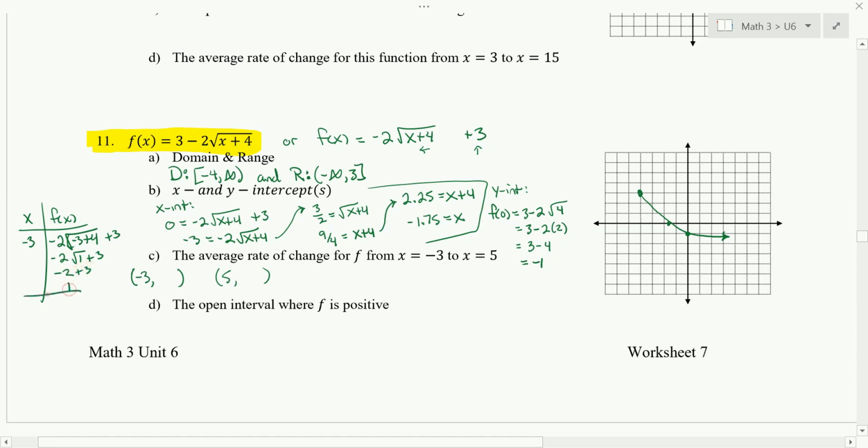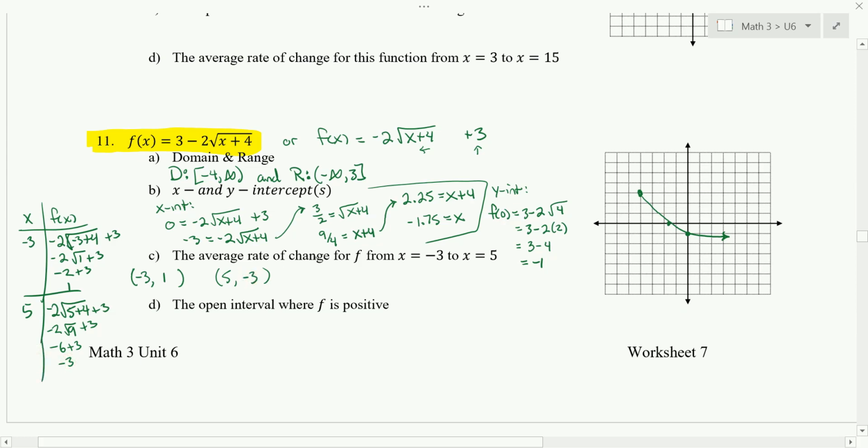So we get 1, so negative 3, 1. And if we plug in a 5, we end up with negative 3.